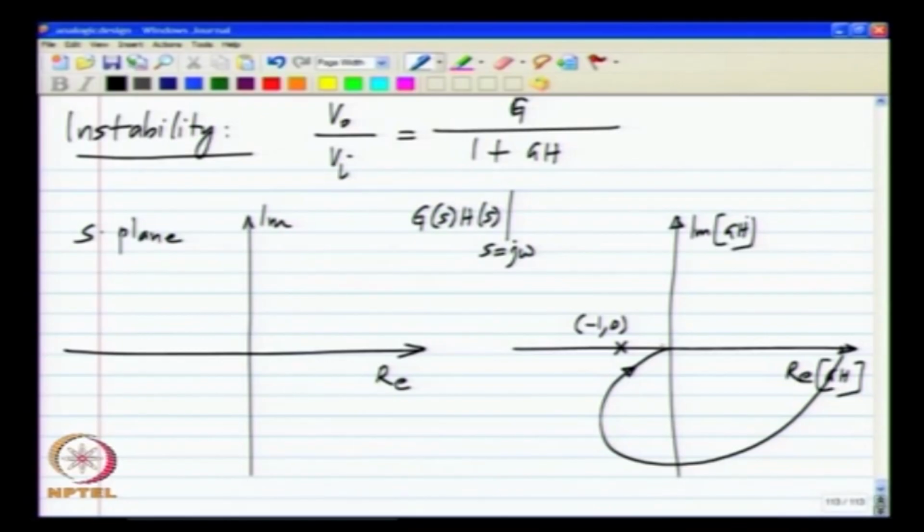And if it is like this for negative frequencies, it will be the mirror image. So, in this case it is not enclosing minus 1, 0. We will make more concrete the definition of what enclosing means, but in this case you can clearly see that minus 1, 0 is not inside this picture, okay.